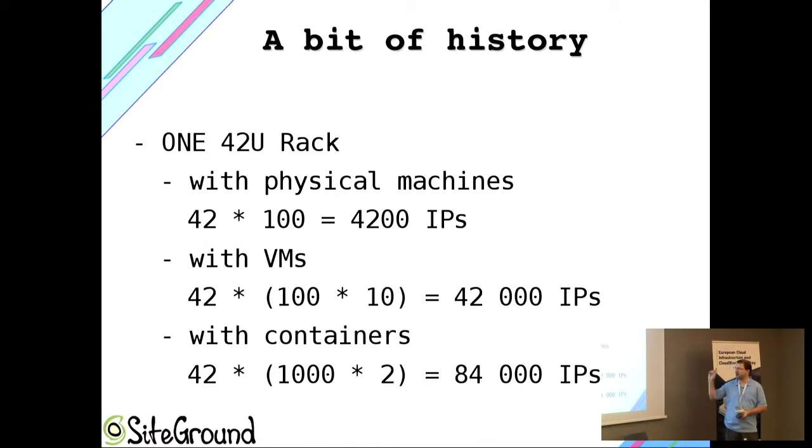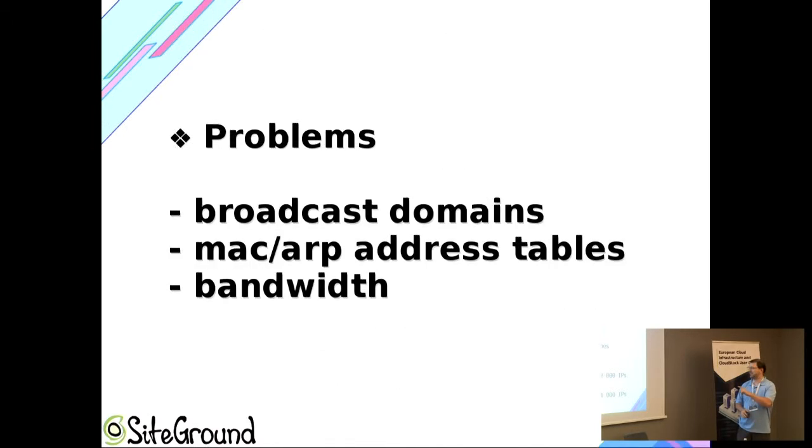But if we have VMs on that same rack, with the same machines, we could actually have 42,000 IPs. And with containers with only 2 IPs per container, on average, you would get 84,000 IPs in a single rack. And that's a single rack, and you have data centers with a lot of racks. So try to remember these numbers.